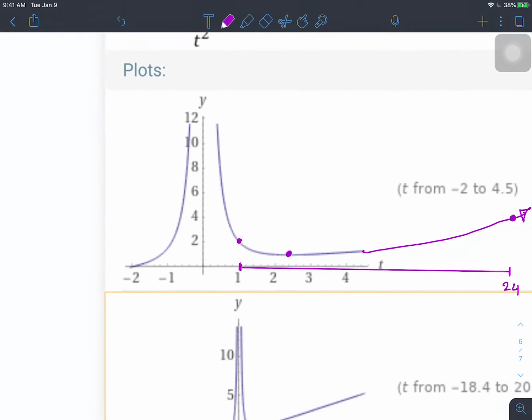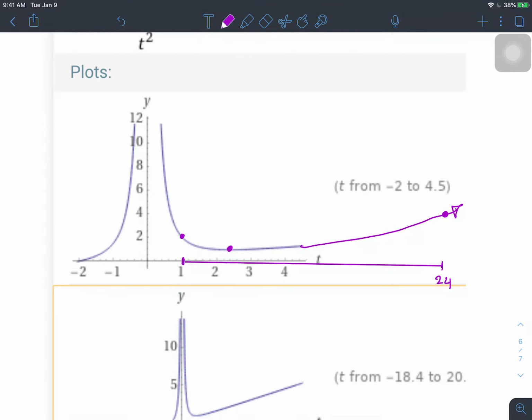The table that I made listed the t values from the t-axis on the left-hand side and the heights of these points on the right-hand side. If I want to find the global minimum, I find the place where the height of my function is the smallest number. That happened at our critical point, 2.38, and it's visually apparent on this graph. Any questions about finding global minimums and maximums on an interval?